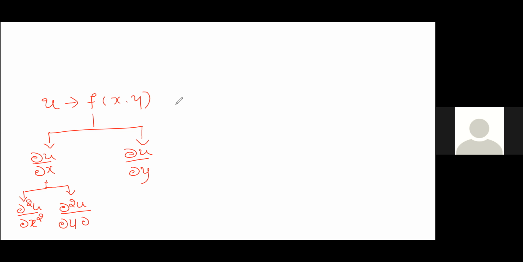You should write dou y dou x, not dou x dou y, because you are going to differentiate dou by dou y of dou u by dou x. You are differentiating the first order partial derivative dou u by dou x with respect to y. So you should write first y and then x.